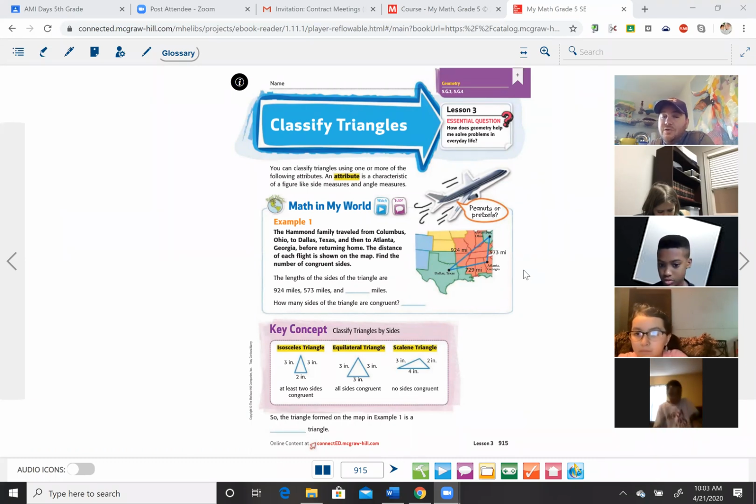Find the number of congruent sides. So we have 924, we have 729, and then we have 573. None of those are congruent. None of those are the exact same. So that means there are 0 congruent sides.